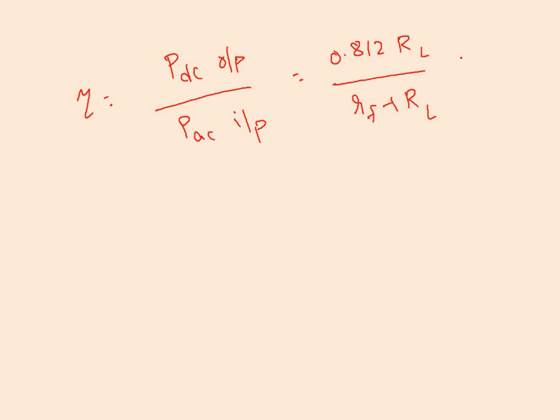Capital RL is the load resistor, RF is the forward bias resistance. And now you can write this as 81.2% of AC power will be converted to DC. 81.2% of AC will be converted to DC.